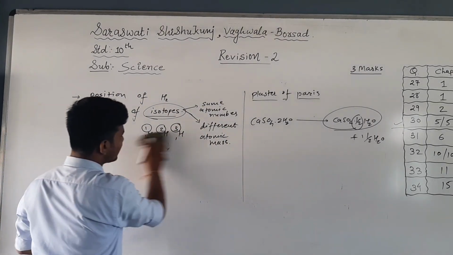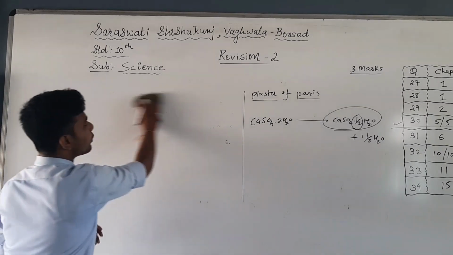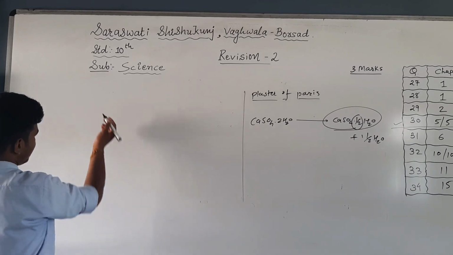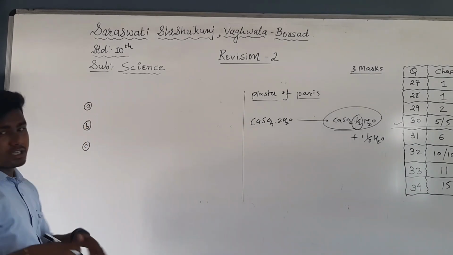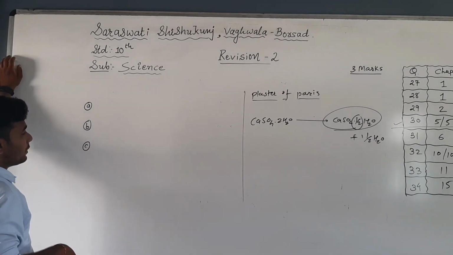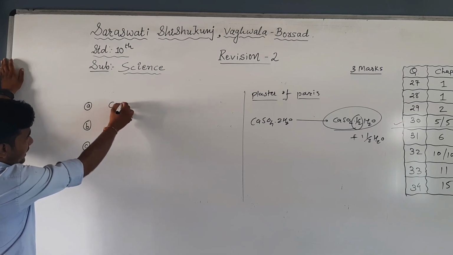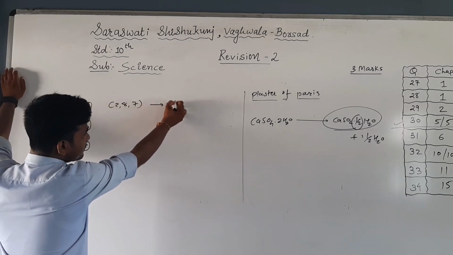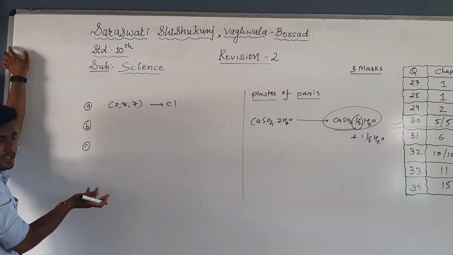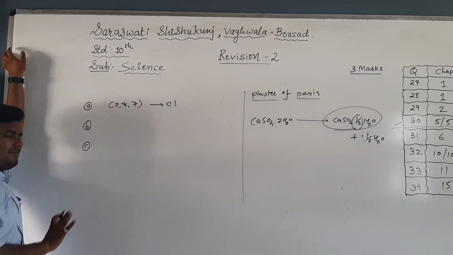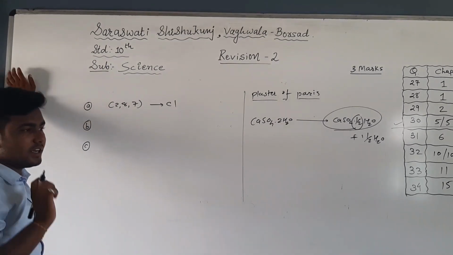Okay, now from this type of chapter, it is more likely that instead of asking one whole question for 3 marks, they can ask you questions like this: A, B, and C, with different VSAQs. Like, name the element having electronic configuration 2, 8, 7. As we all know, that can be chlorine. Also, in a different question, they can ask which element does not have 8 electrons in its outermost orbit, yet is still inert.